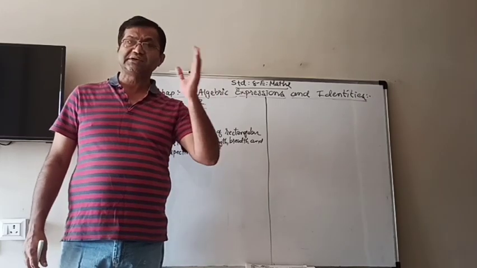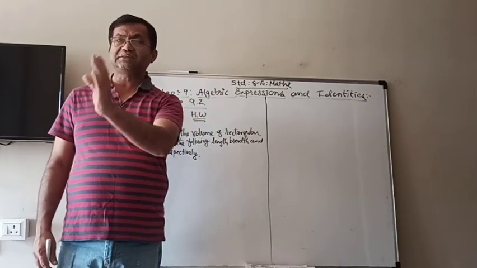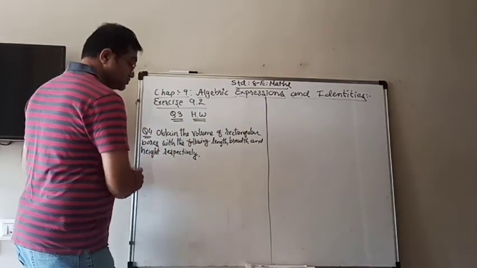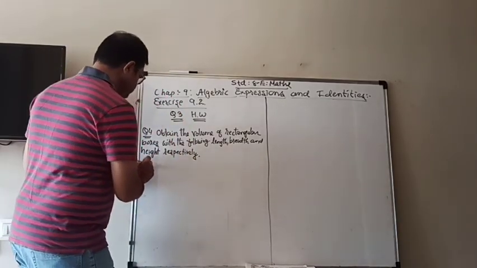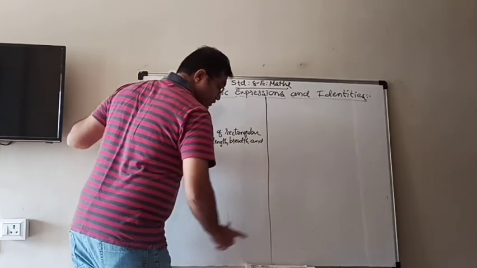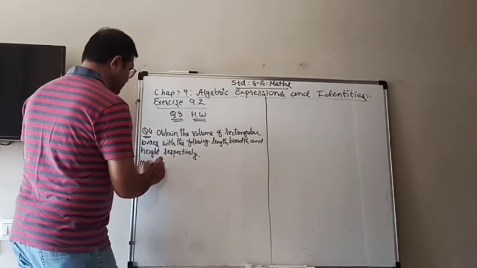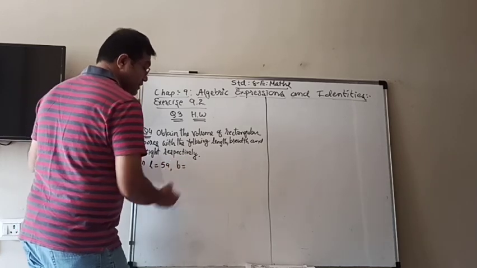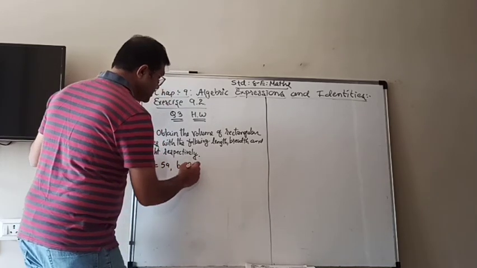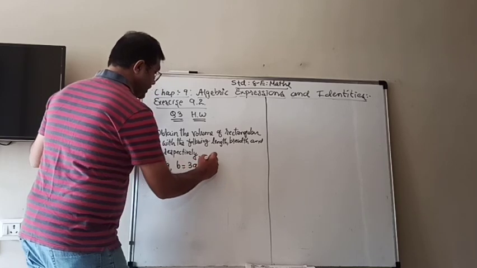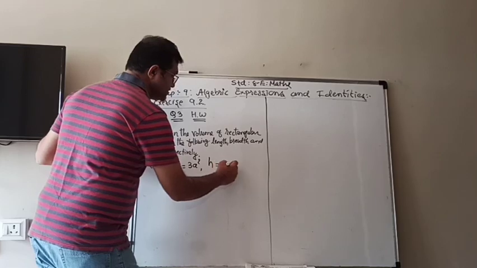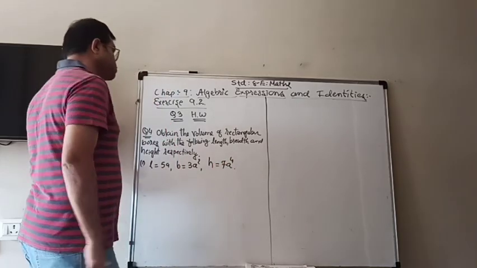First will be the length, second breadth, third height, and we have to find the volume. So let's take the first one. L is equal to 5a, breadth B equals 3a square, and height H is equal to 7a raised to 4.